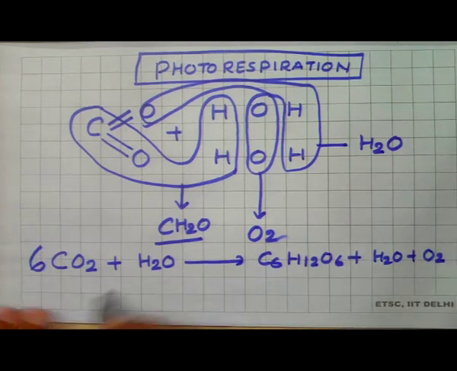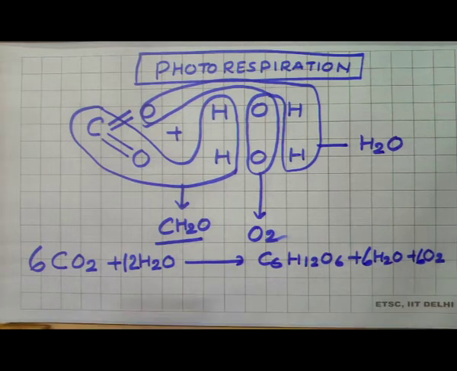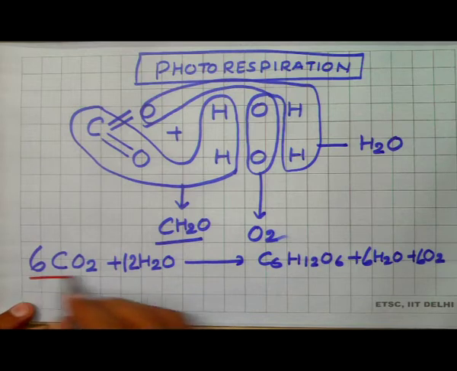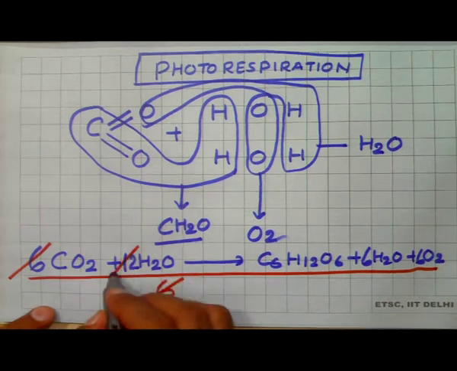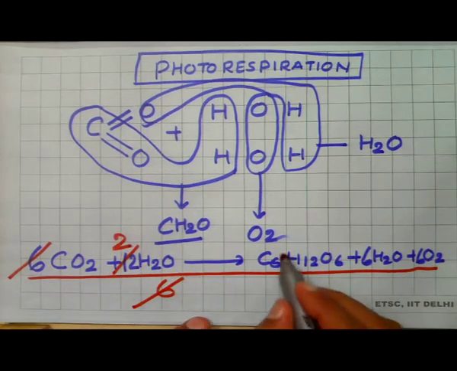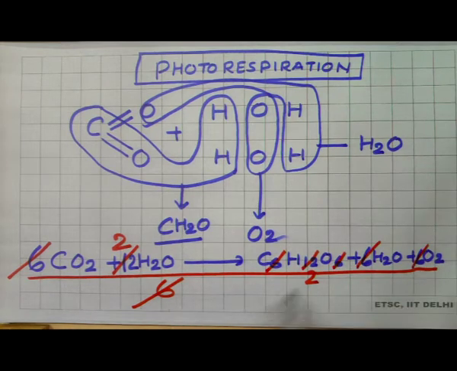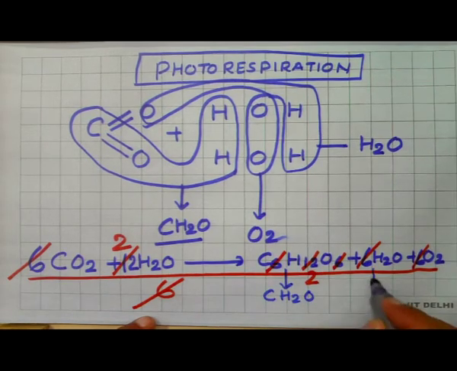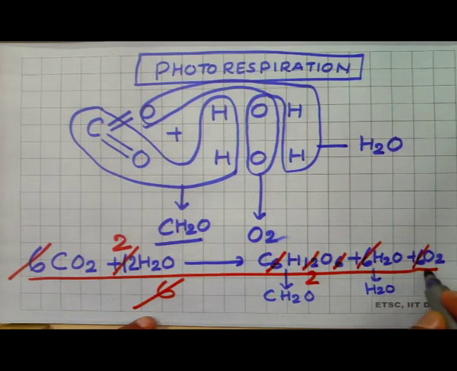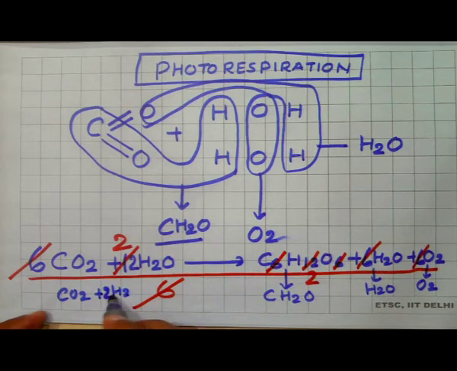When we balance it, when we divide by 6, so this is CH2O, this is H2O, this is O2, here CO2 plus twice H2O.